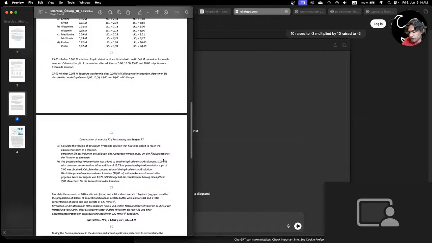This is only specific for this case where both the acid and base are strong. The balanced equation: 1 mole of HCl reacts with 1 mole of KOH to give 1 mole of the neutral salt potassium chloride and water.